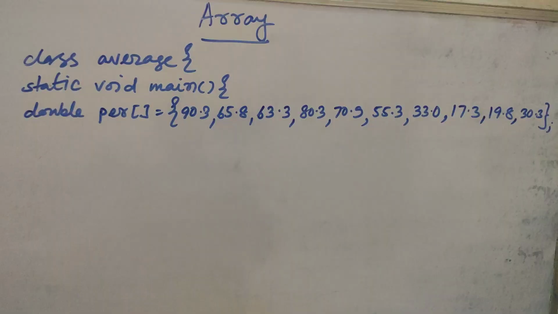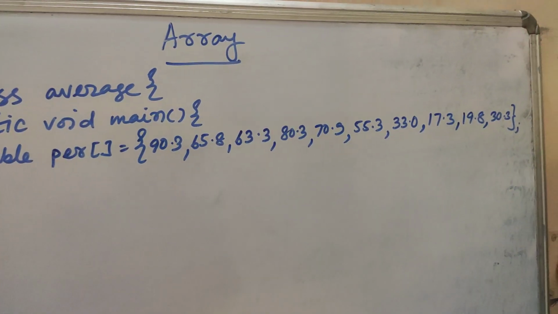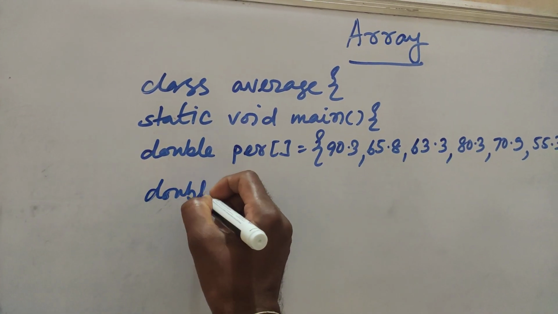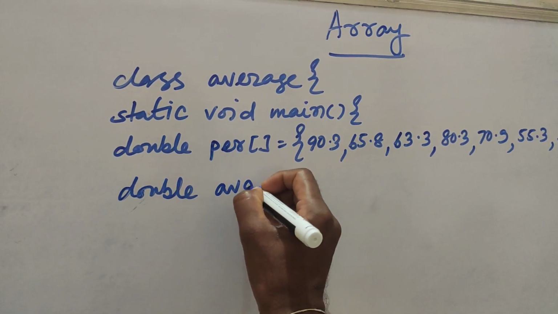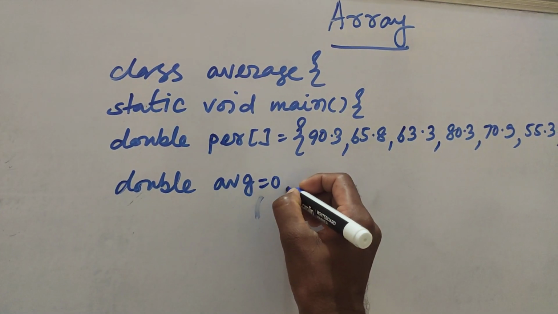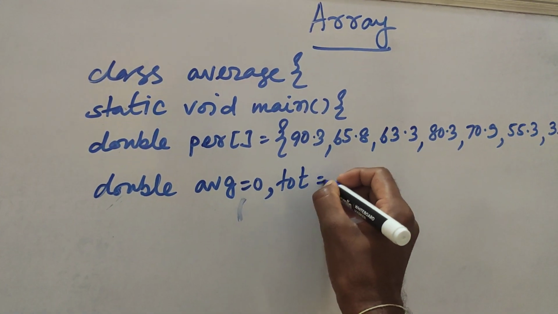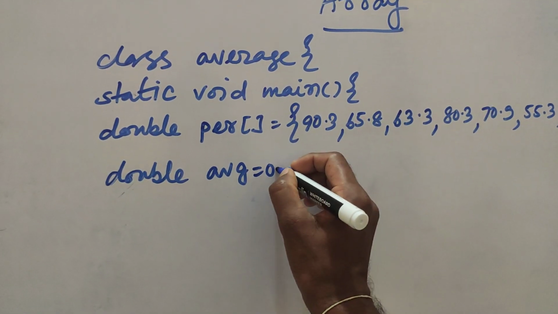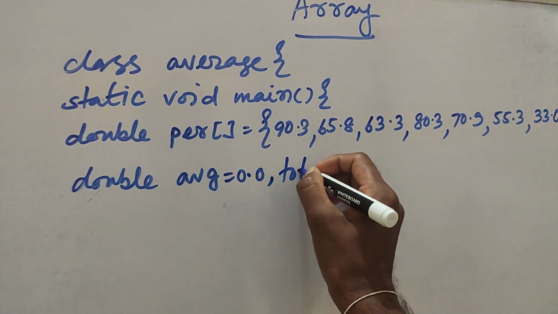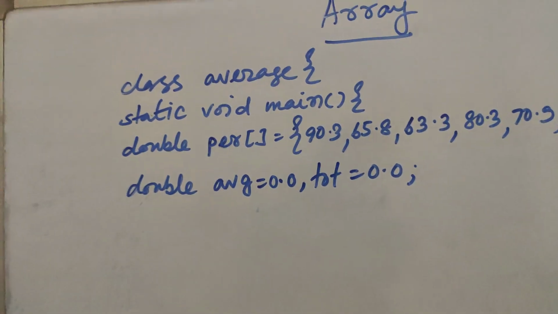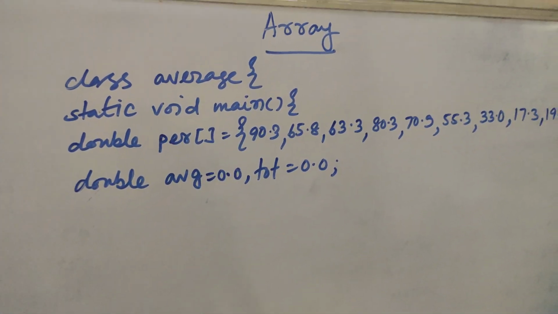Now I am taking one double, average, and total also, equal to 0.0. So this is your normal memory variable, and par is an array variable.